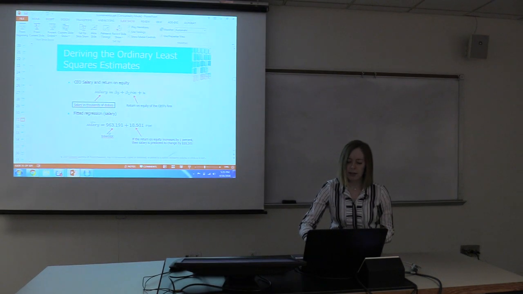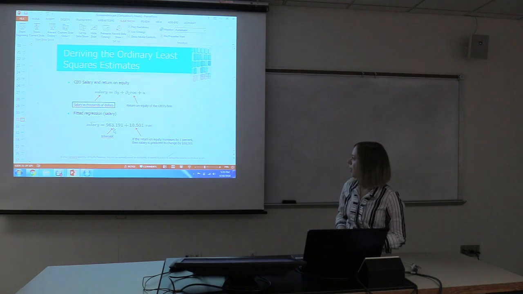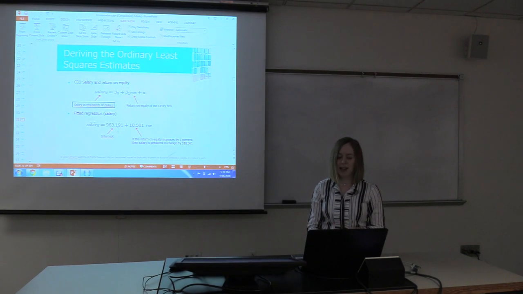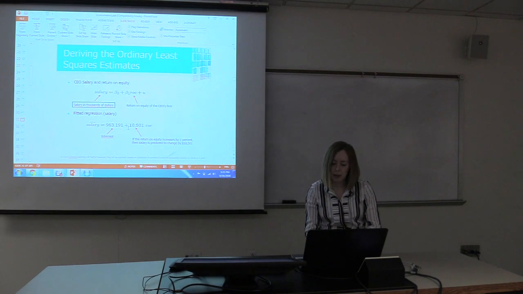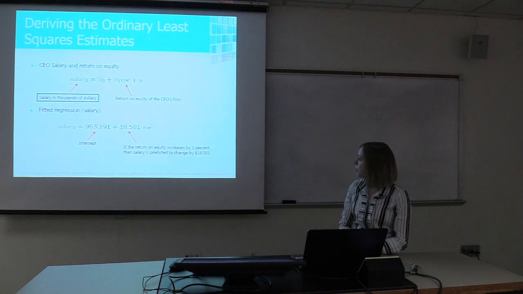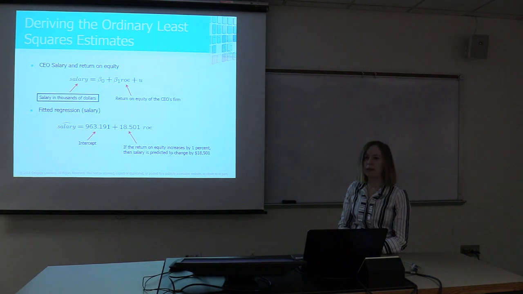And that's exactly what we've got here. So from using that data and then running the regression using the regress command in Stata, we were able to estimate this. Let me make this a little bigger for you. So this tells us that if the return on equity increases by 1, then the salary is predicted to change by 18,000. Sounds pretty nice for that CEO.